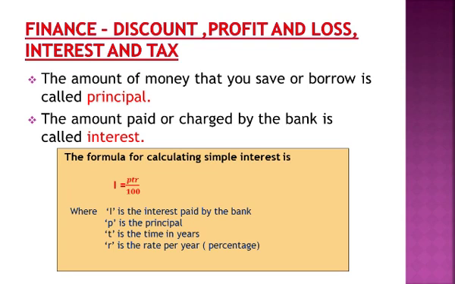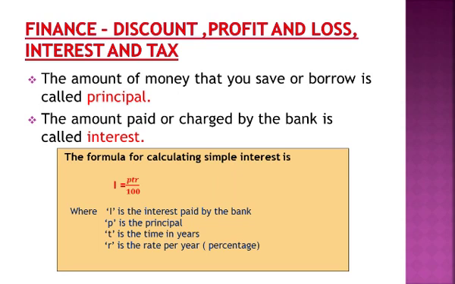The interest paid on money saved depends upon the amount of the principal, the amount of time you are prepared to leave it in the bank, and the rate that the bank pays in percentage terms.